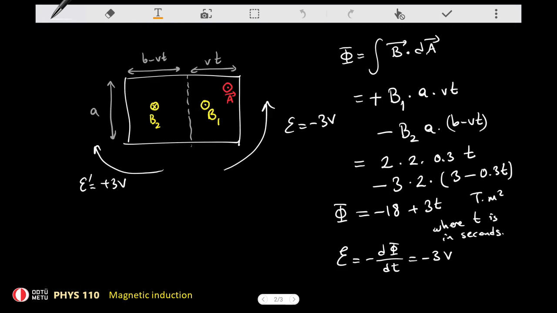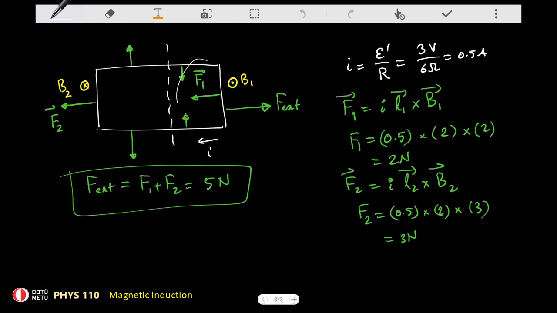The sum of these two magnetic forces should be opposite to the velocity, because their function is to decrease the speed. So it's like a friction basically. So as a result, to prevent the frame from slowing down, I then need to apply this additional force.